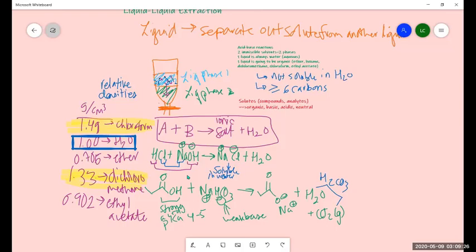So you want to remove it selectively. We want to move the purple stuff into your other phase. Hopefully that helps. So you have liquid phase 1, and you have liquid phase 2.